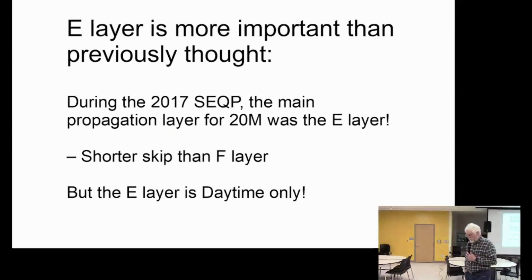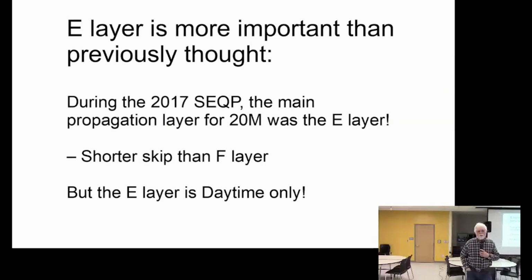Now the E layer. The E layer is more important. Usually they say, and even a lot of other things, they don't deal with the E layer very much. They say, well, it doesn't have much effect. It's lower down, so signals don't go too far, and it's not that important.